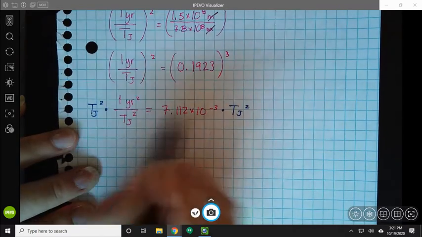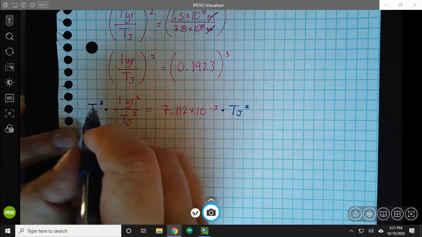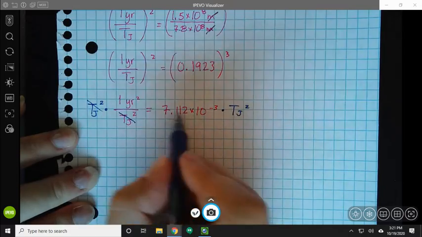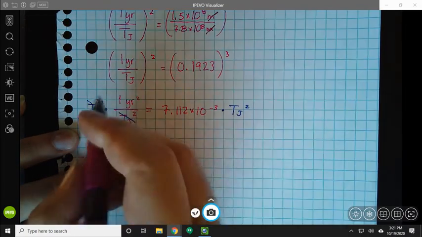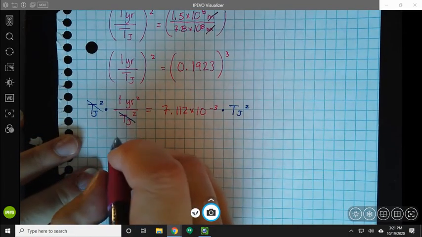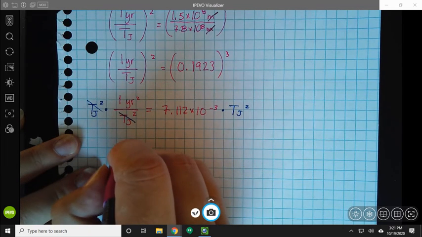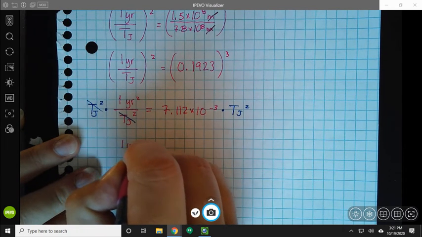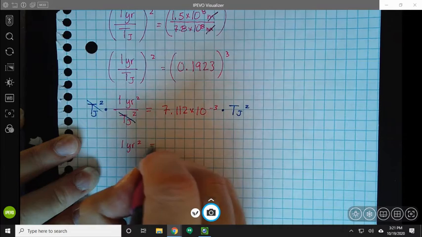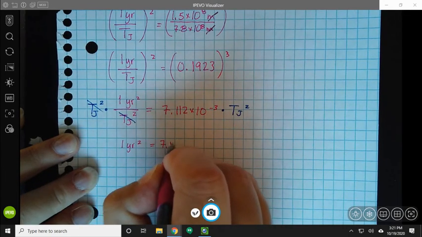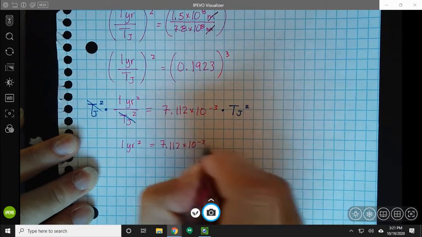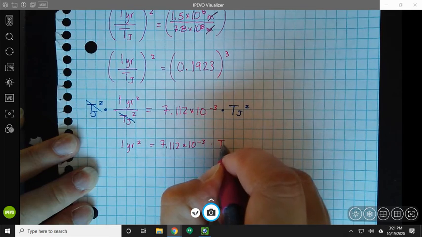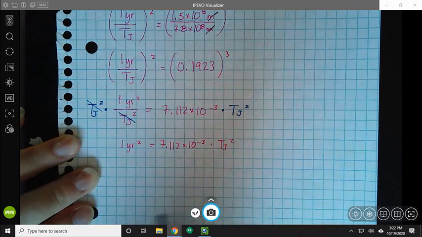So that allows me to get rid of this by canceling, and that'll just sit over there. So now I'll have 1 year squared equals 7.112 times 10 to the negative third times Tj squared.